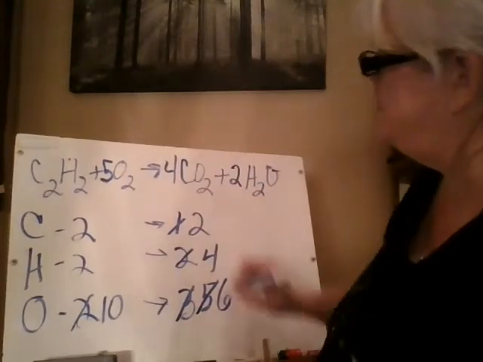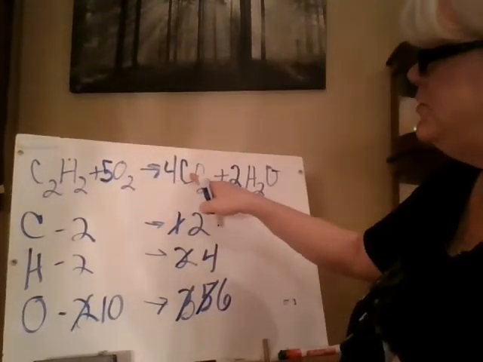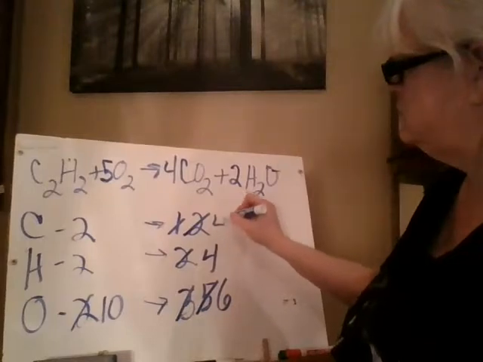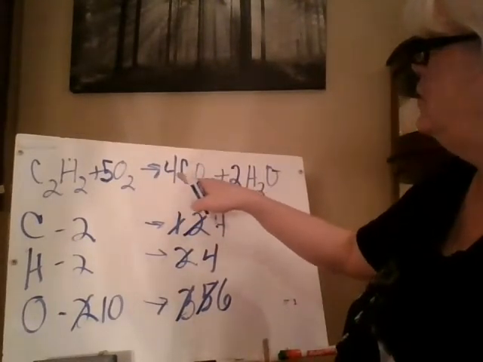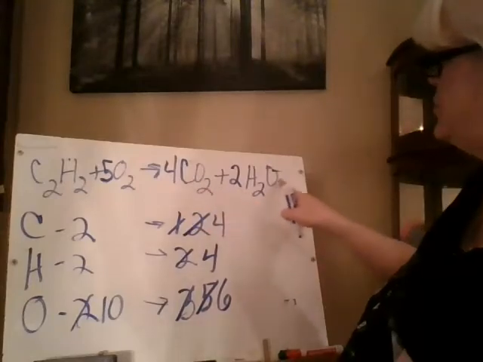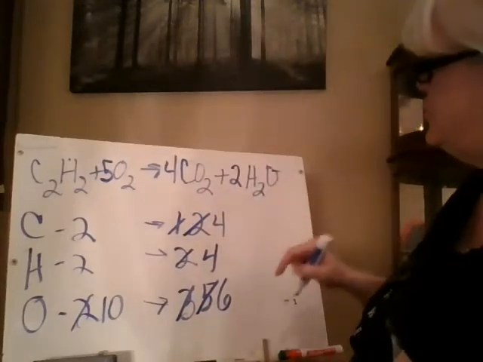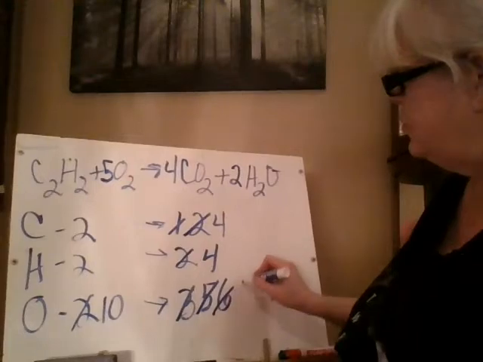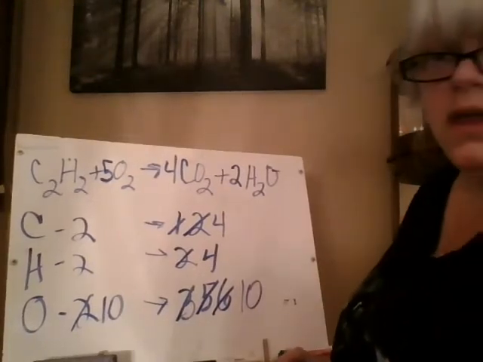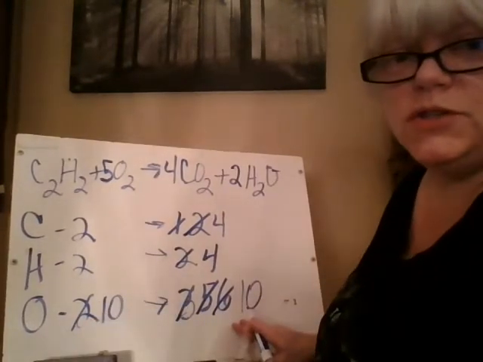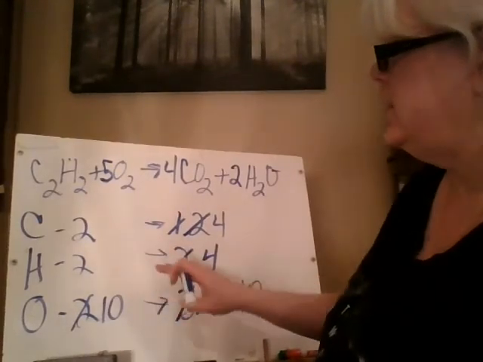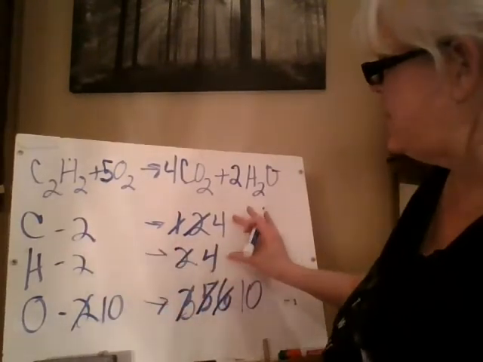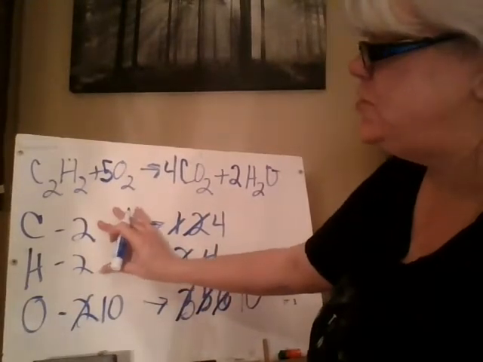I'm going to put 4. That'll be 4 carbons. And 2 times 4, there's 8, plus, don't forget, I have 2 oxygens, and that would give me a total of 10. Okay, so now I've got my oxygens in balance, but I've thrown these 2 out of whack. Is there a way I can fix these 2? I've got 4 on this side and only 2 of each on this side.